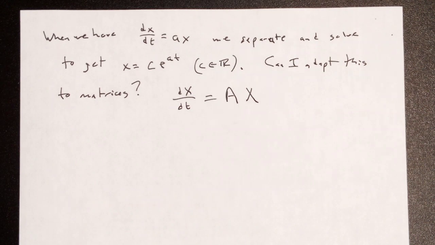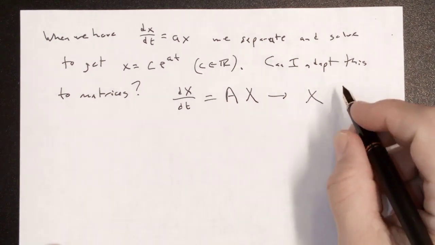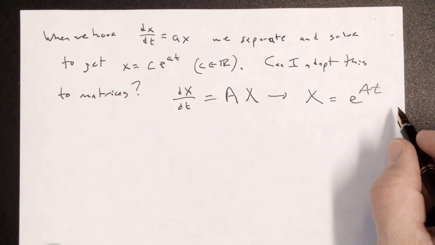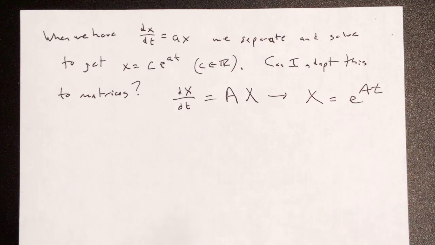So is there a way that I could write x as this? I need some constants in there, right? C1 times the first vector, C2 times the second vector, and so on.